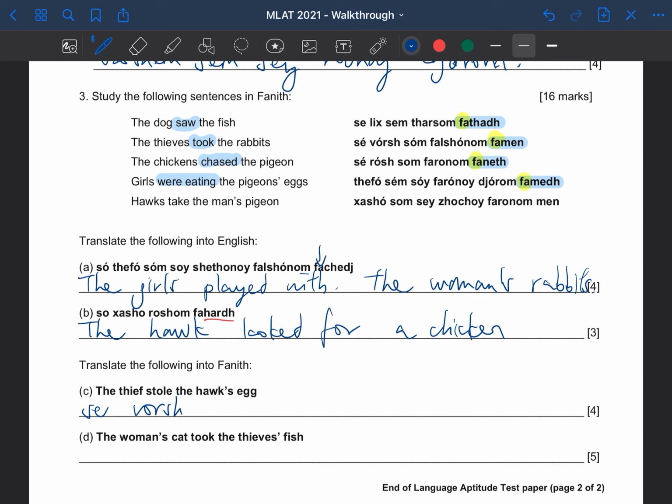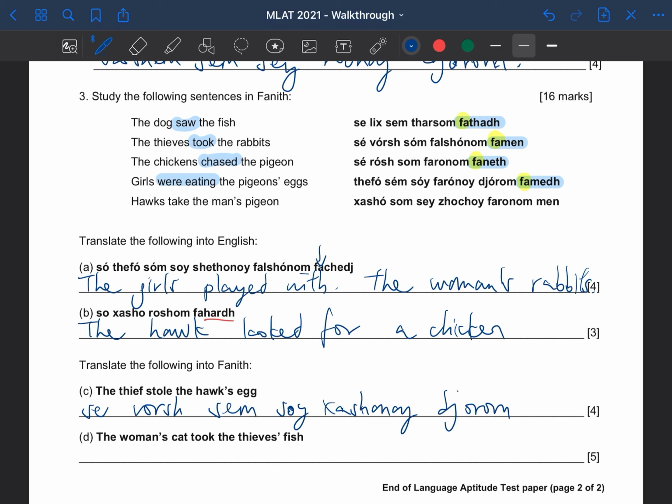We actually know this from sentence B, which is so. So soy, sashon. But remember, there's no sashoy, but sashonoi. And a singular. And egg would be jorom. And sem jorom.